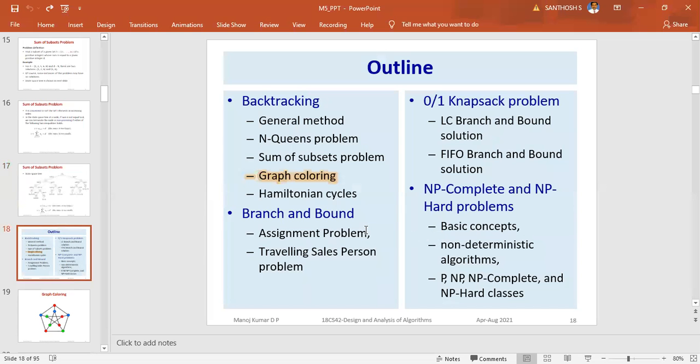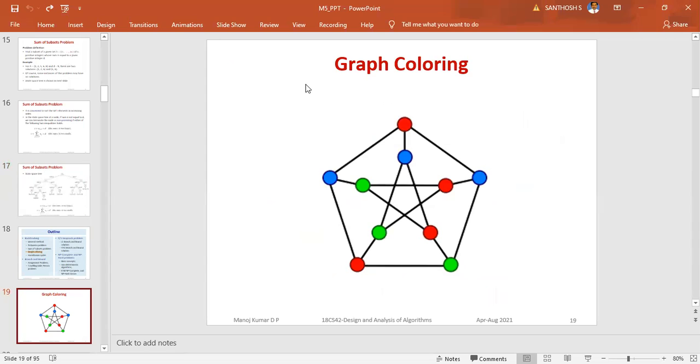Okay, so now you come to the next topic, graph coloring. So this is the graph we have taken for graph coloring. So in this graph, how many edges are there? And can anybody tell how many vertices are in the graph?